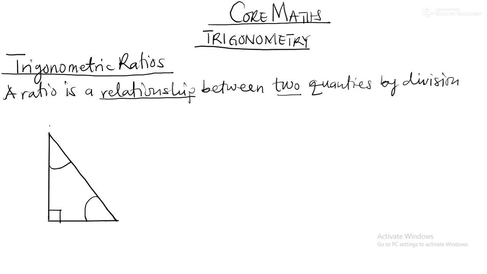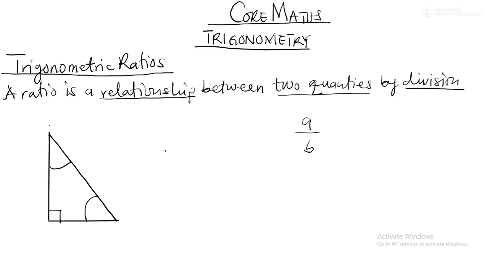Basically, we need two quantities, and these two quantities should be related by division. Division is basically writing two numbers in the form of a fraction, where you have a numerator and denominator, like A over B. It's a division. So the two quantities should be related this way, something over something.